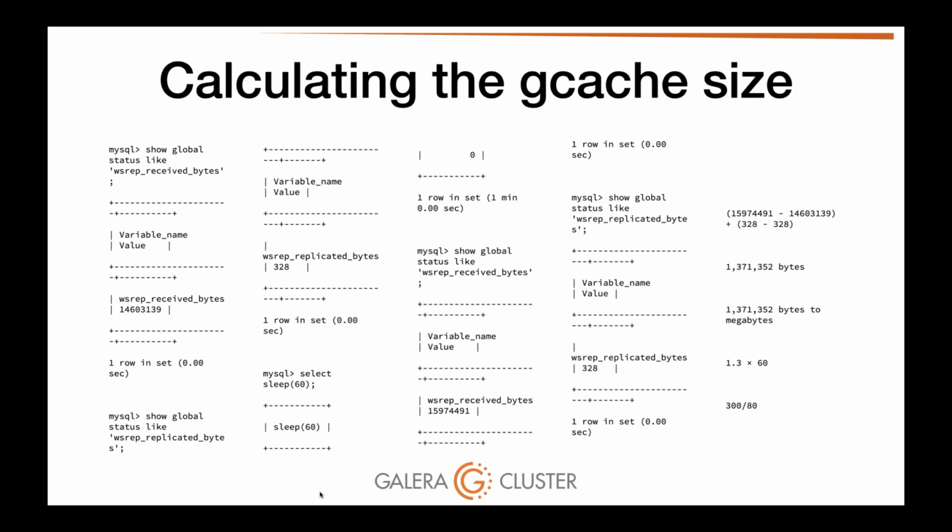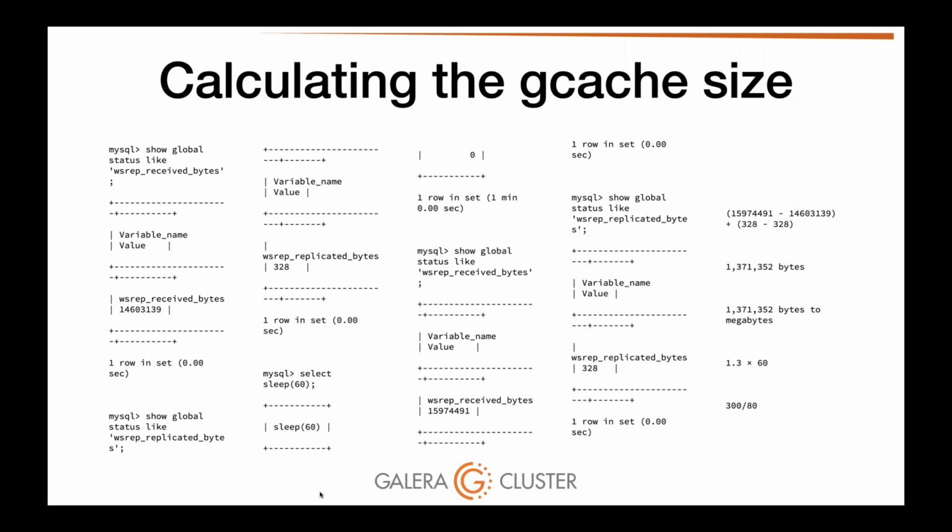This is extremely crucial: you should configure the GCache by calculating the GCache size. The GCache size is stored in your options file, your my.cnf, so this is not something you can change at runtime. You should always set this up as a default early on.